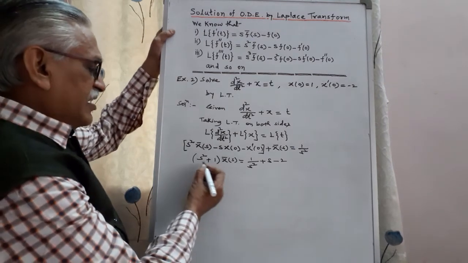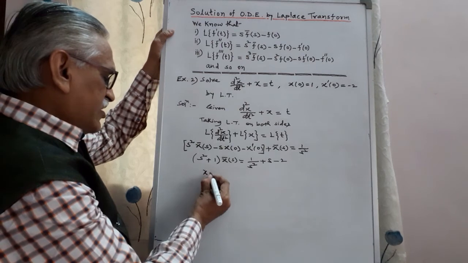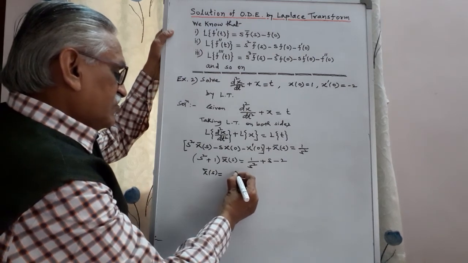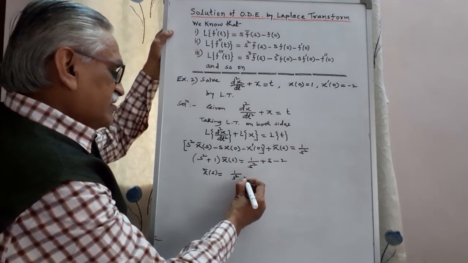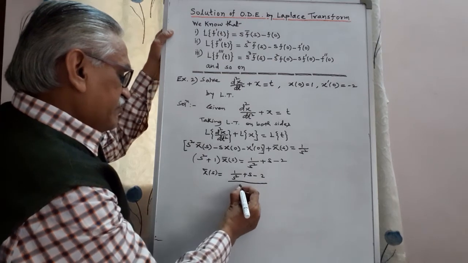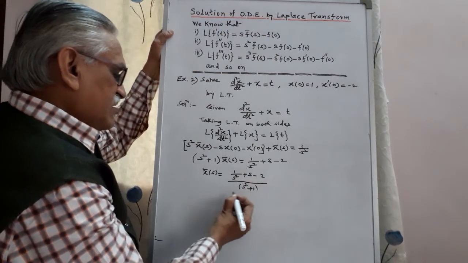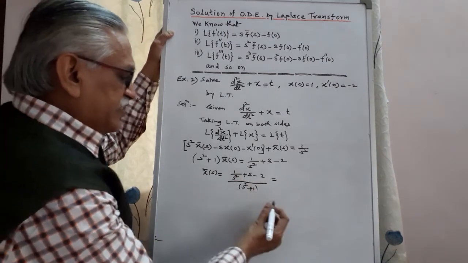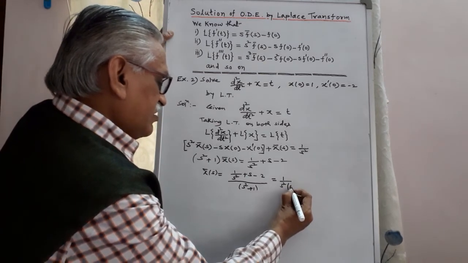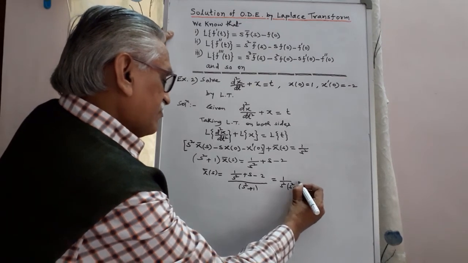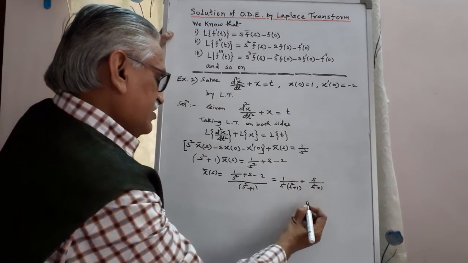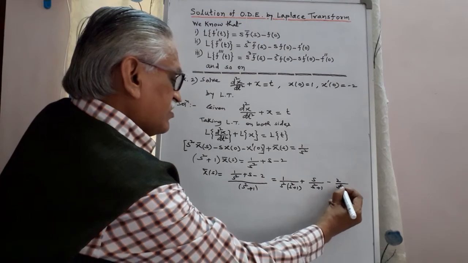Then dividing by the coefficient of x bar of s, we get x bar of s as 1 by s square plus s minus 2 whole divided by s square plus 1, and taking separate division, it is 1 upon s square into s square plus 1, plus s upon s square plus 1, and minus 2 upon s square plus 1.